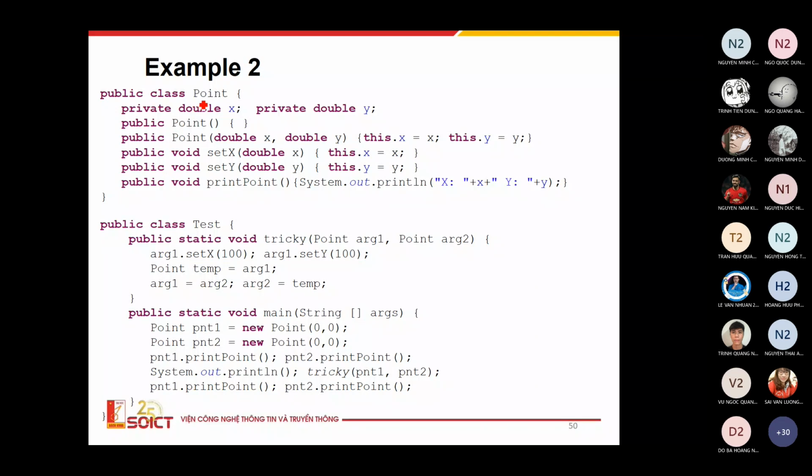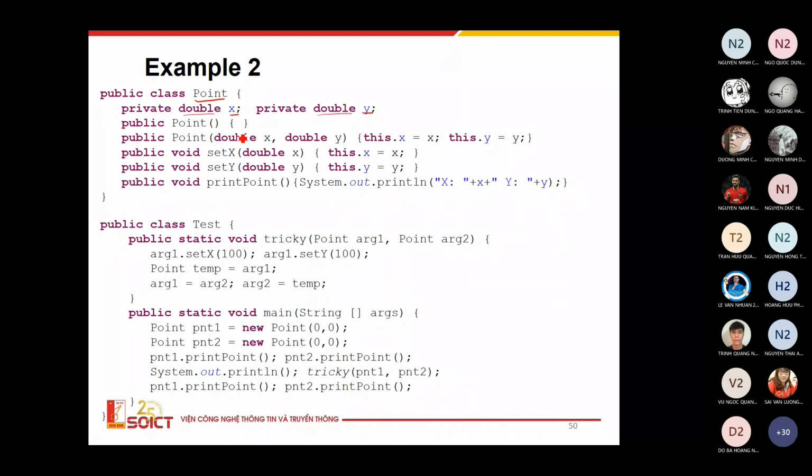I declare a class named Point, with access modifier public. And I have attributes x and y.